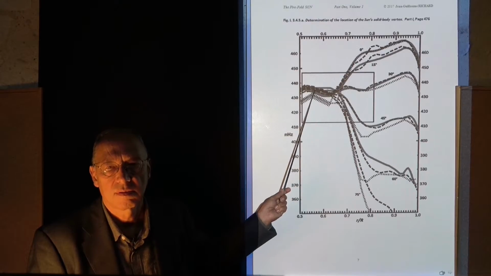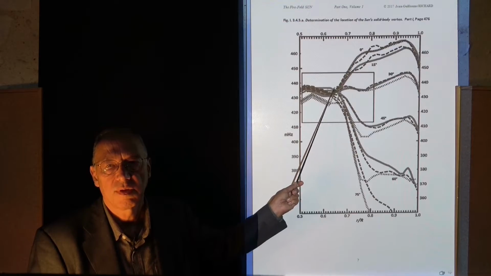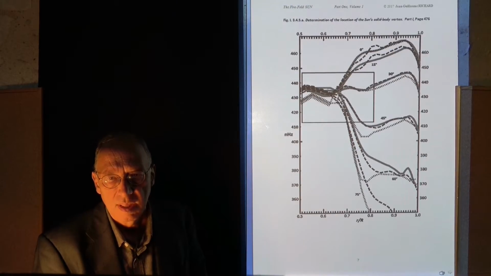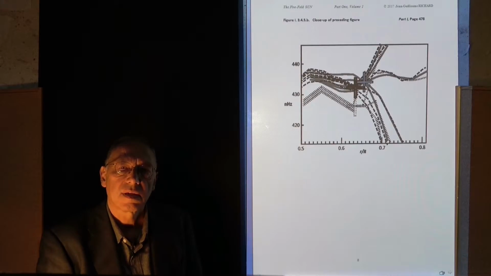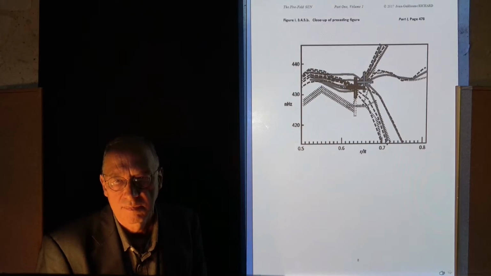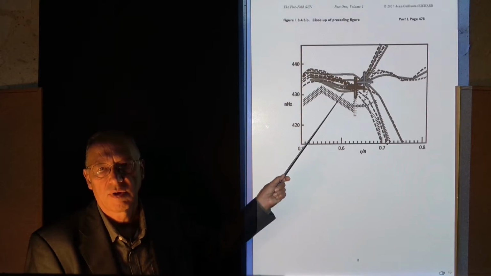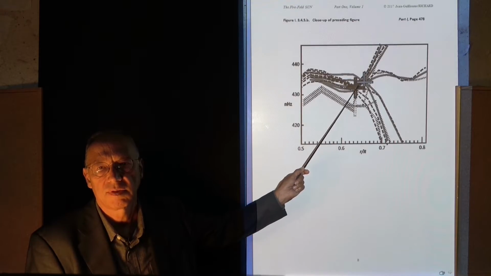Here it's not. But there is relative agreement between all these authors that there is a common point which is located here. And we can see now in this close-up that the crosses represent the possible locations of the merging point of the latitudinal angular velocity curves, and that their value is slightly above 430 nanohertz, maybe 432, maybe 434, 435.